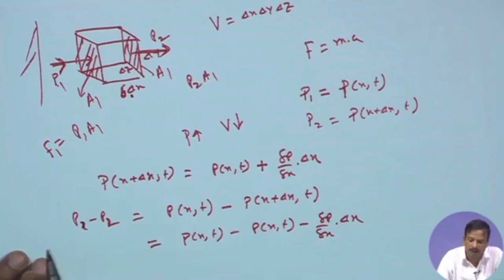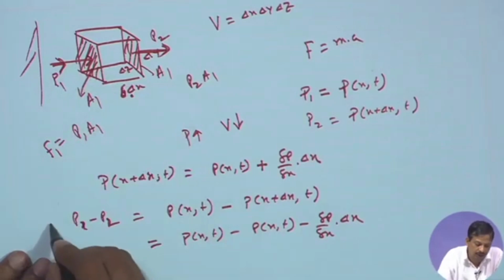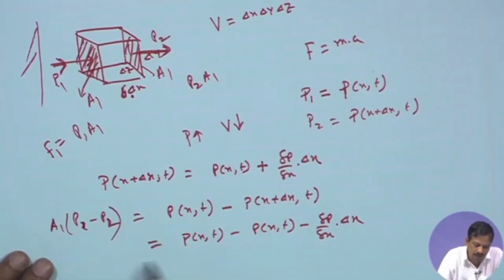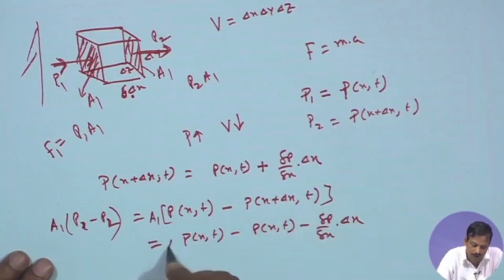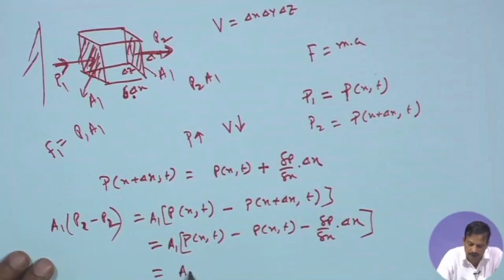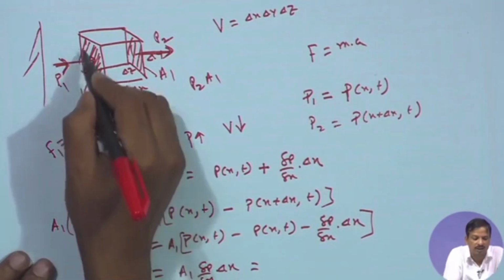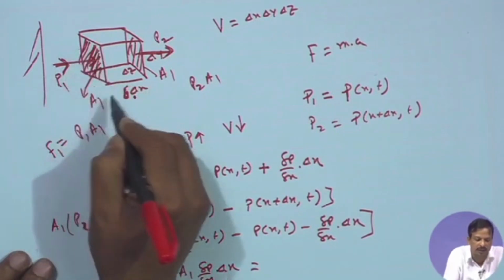Now, if I say what is the force acting on this plane, pressure multiplied by the area. So it is A1 multiplied by the pressure change, which is nothing but A1 del p by del x into del x. What is A1? It is the cross sectional area of this face, which is del y into del z.